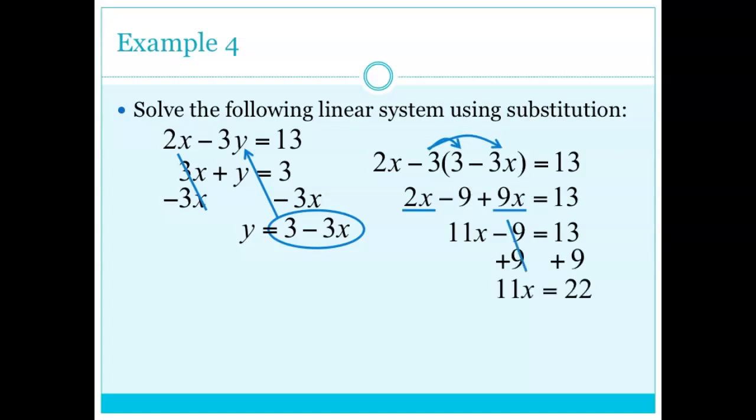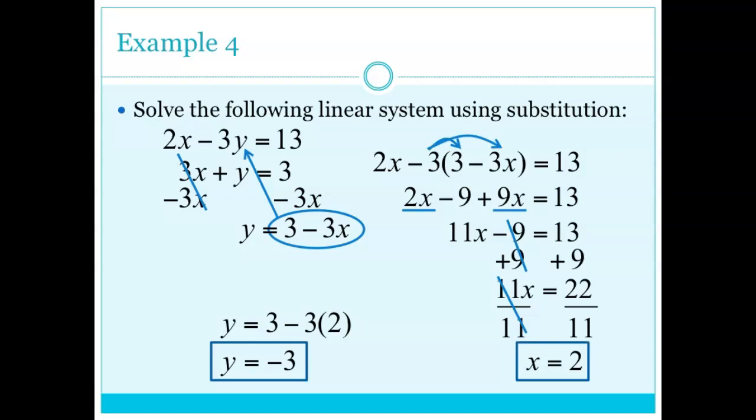So we have 11x equals 22. Divide both sides by 11, and we have x equals 2. Now, to solve for y, we'll take x equals 2 and substitute that in. So we have y equals 3 minus 3 times 2, which is 3 minus 6, which is negative 3. So in this case, we have x equals 2 and y equals negative 3.